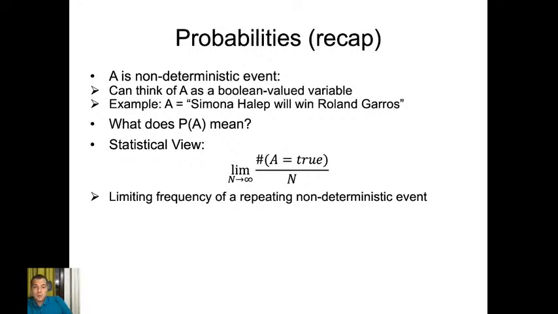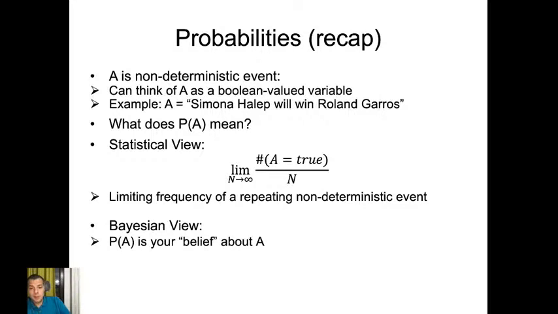Well, of course, this is not applicable in this case, since we cannot make Simona Halep play Roland Garros to infinity in order to estimate a good probability.